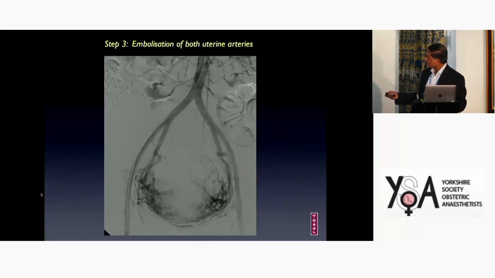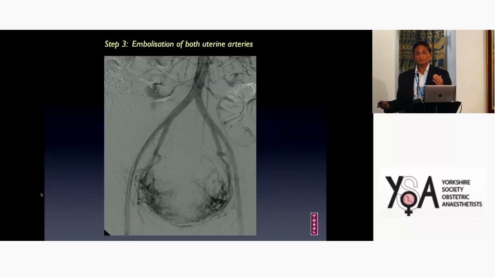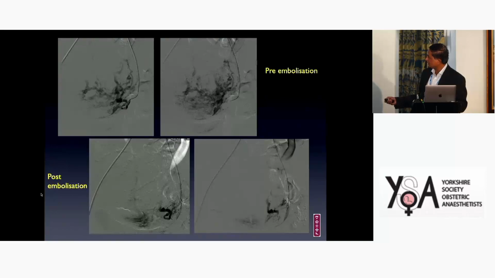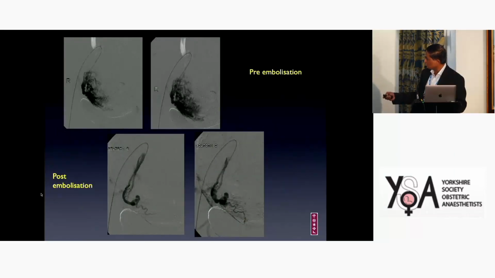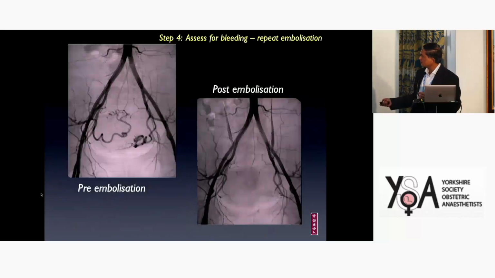So, coming back to it, if the placenta is not coming off and it's still adherent, then we tend to do an embolization. We try and embolize this area with gel foam, and do it on both sides, with pre-embolization and post-embolization pictures. Once that is done and it's devoid of circulation, there is a step to assess bleeding.